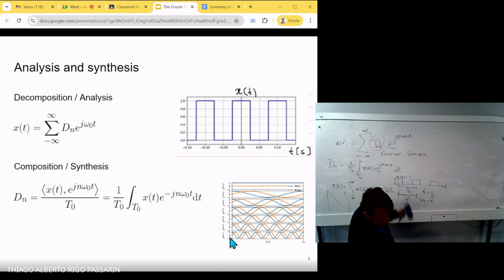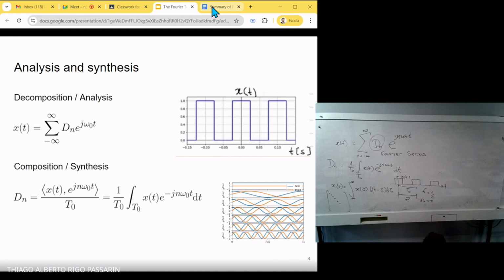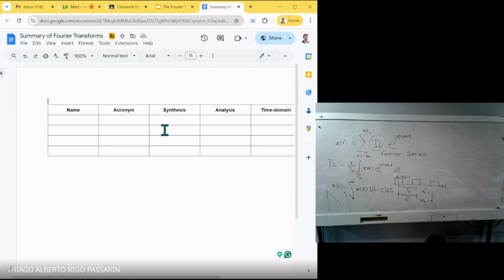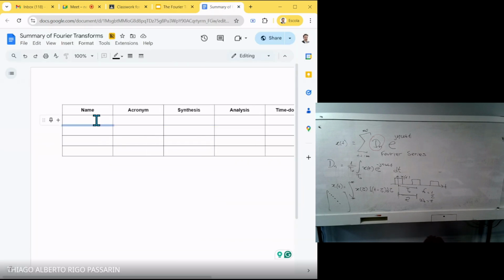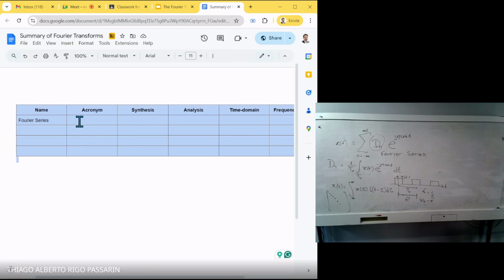And then finally, we get to the definition of the Fourier series. So we can start to complete our table. I left it here in another tab. So our first actor is the Fourier series. I think we should use Times New Roman here.